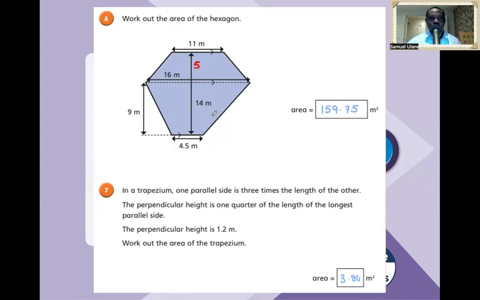That bit there is 16 meters, so the whole lot is 16. Let's see a quicker way to do this.